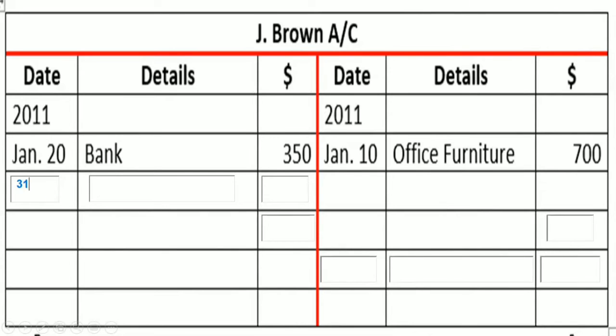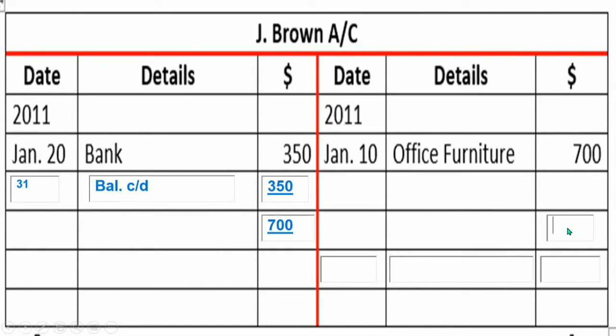So that is January 31st. Our details is balance carried down, and the difference between the two sides there is $350. Now that we have that, we're going to record our totals. So 350 plus 350 give us 700.